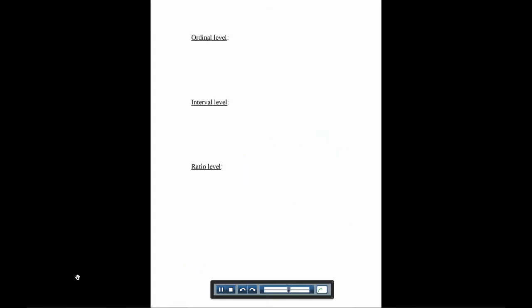Okay, the ordinal level means that they can be arranged. So now the data can be arranged. But you can't tell how far apart two things are. An example of this would be something like college rankings.